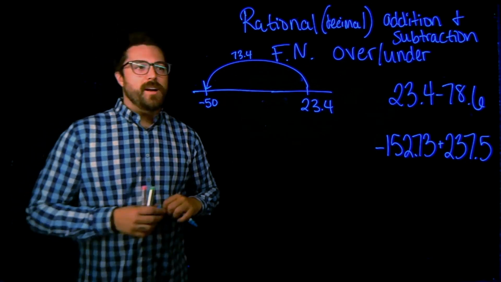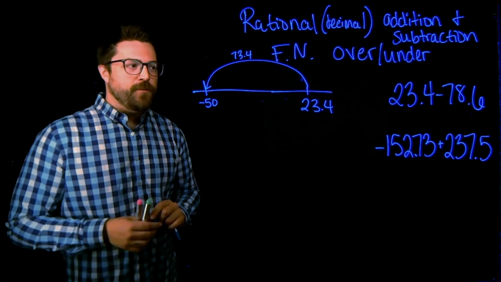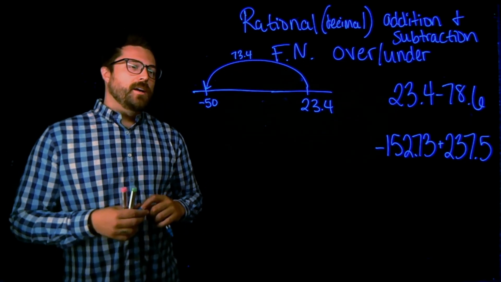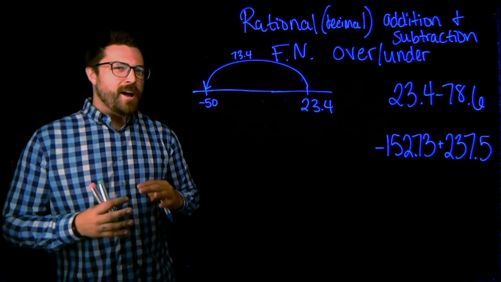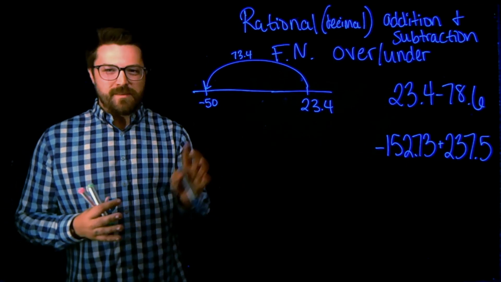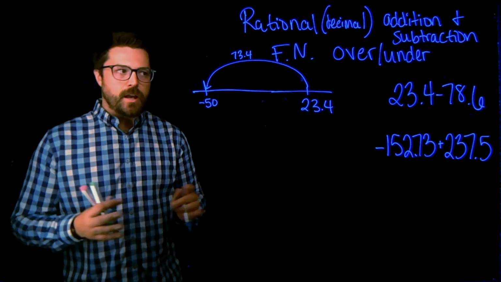So I subtract 73.4, I'm at negative 50, but now I have to start thinking, I didn't subtract the right amount, so I know that my difference isn't negative 50.